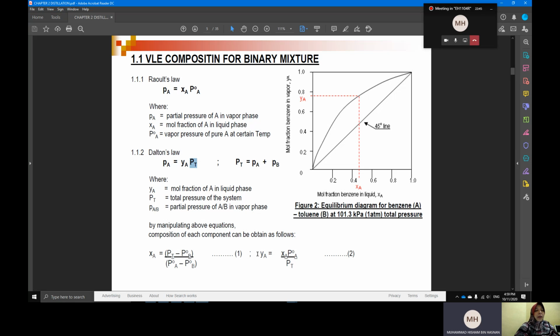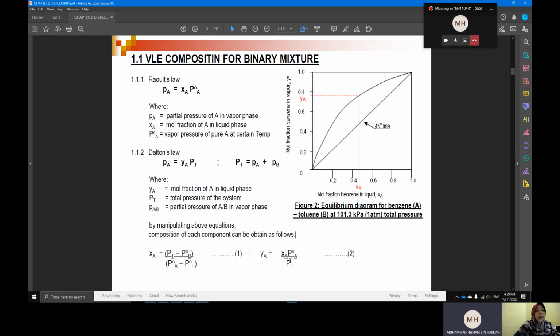Okay. Now, tengok equation yang bawah ni. You boleh cari YA kalau you tahu XA, P0 dengan PT. P0 ada dah. Okay.